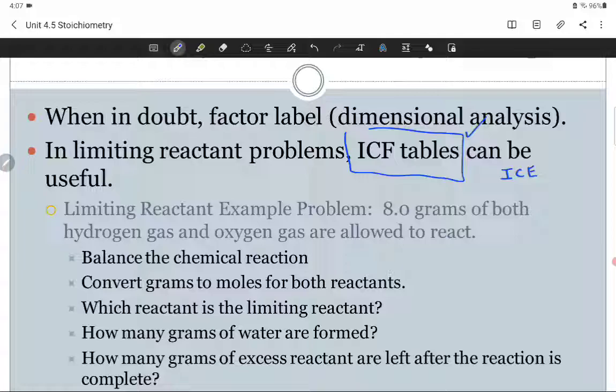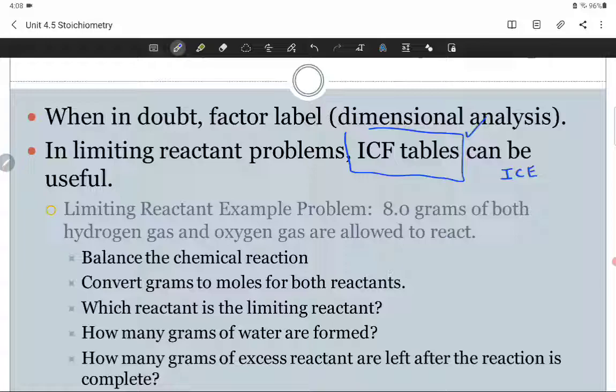Before we actually get into it, when you use these ICF tables, you need to convert whatever was given to you into moles. If you had atoms, you could actually still use ICF tables. If you had molecules, any particles, because Avogadro's number is directly related to moles.